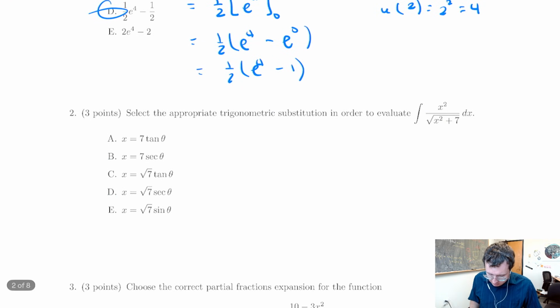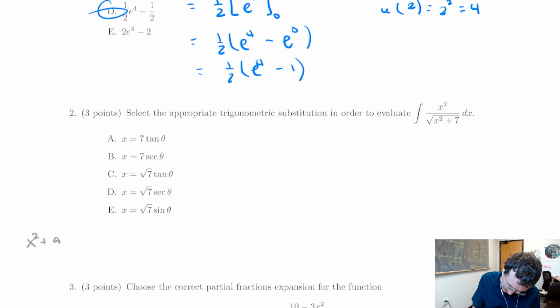Let's move on to question number 2. We're going to select the appropriate trig substitution. I see an x squared plus 7. And when I see something of the form x squared plus a squared, I'm going to substitute x equals tangent theta.